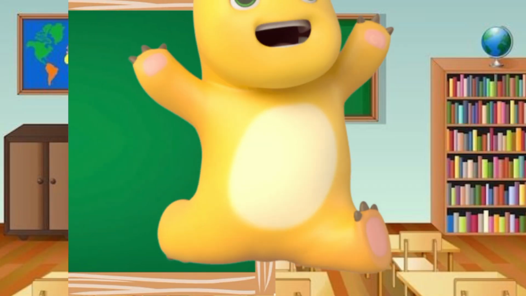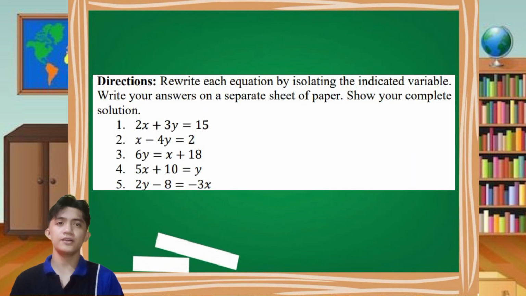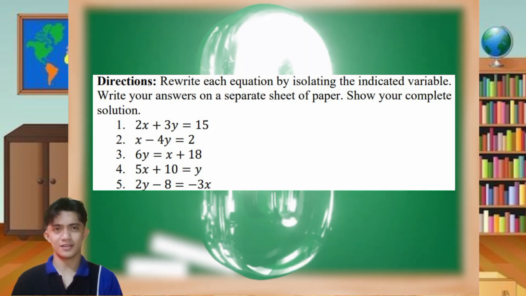Before we proceed, let us have a short drill. Directions. Rewrite your equation by isolating the indicated variable. Write your answers on a separate sheet of paper and show your complete solutions. You may pause the video and try answer. I'll give you few seconds.